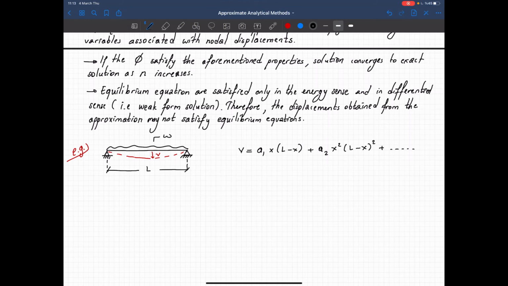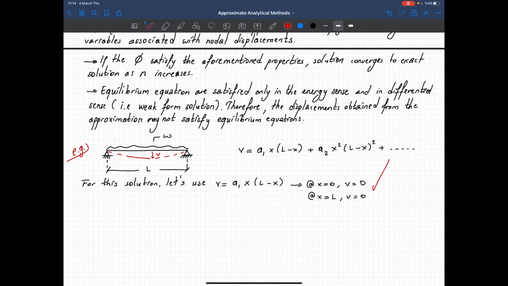Okay, so for this case, let's use the simplest version. So I'll say for this solution, let's use V is equal to the first one, just A1 x times (L minus x). That's our trial function. And we said it, but let's write it down. At x is equal to 0, v is equal to 0, and at x is equal to L, v is equal to 0.